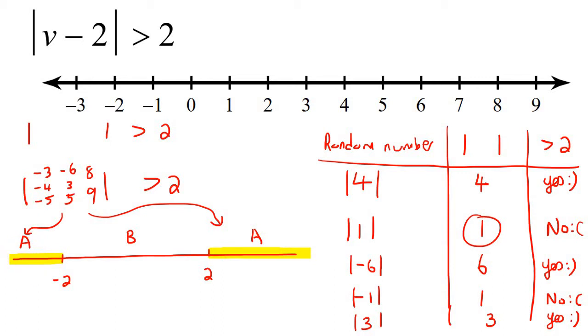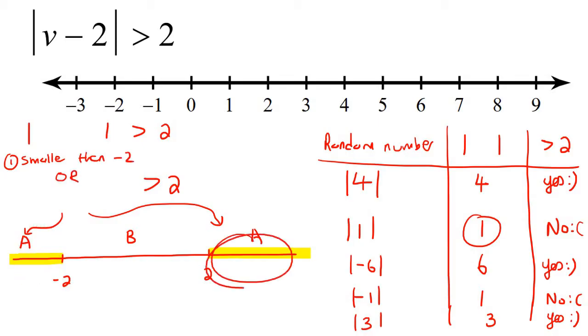So we could say that whatever's inside here must be something that is smaller than -2, which is this part, or it can be anything bigger than 2, which is this part.